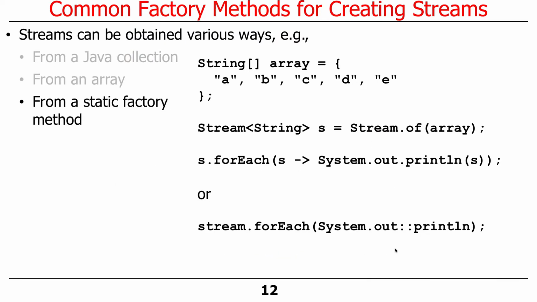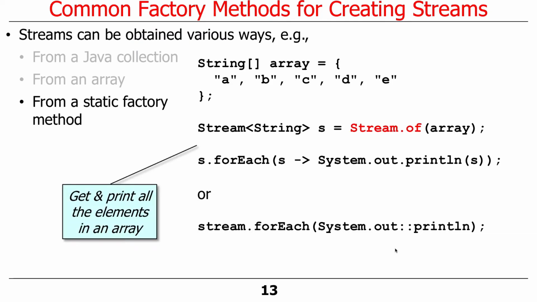There are also static factory methods. Stream has a factory method called of. If you recall, of is almost always used to make something. It's a factory. So in this case, we're going to make a stream out of an array. So once again, Stream.of array, and then you can do something with the stream that we get.